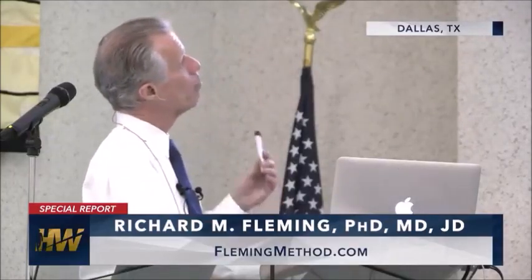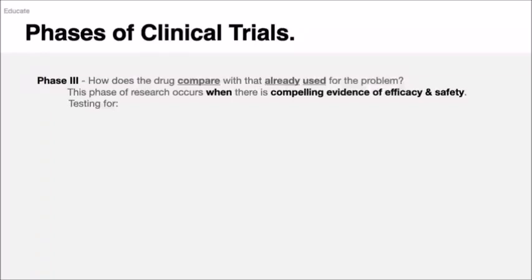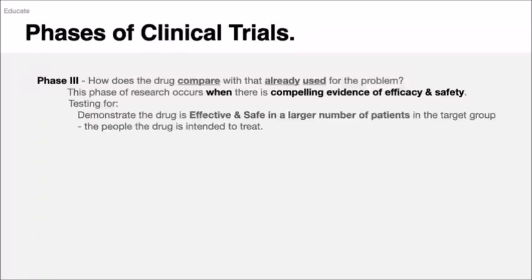So we want compelling evidence of the efficacy and safety of these drugs, and we're testing in larger numbers of people and comparing it with other drugs. Remember I told you there were 10 groups of drugs I had. I was comparing every one of those to every other one, because when we began that trial in April of 2020, there weren't drugs out there.